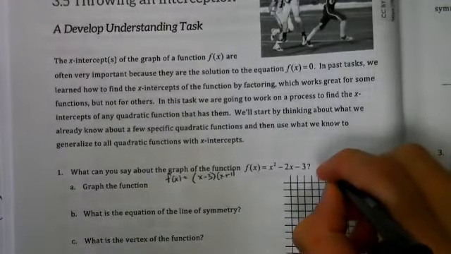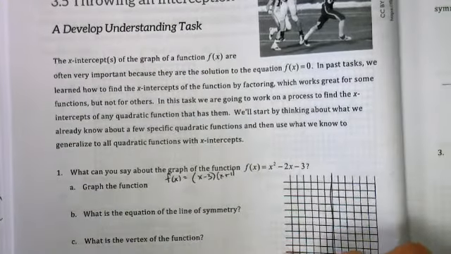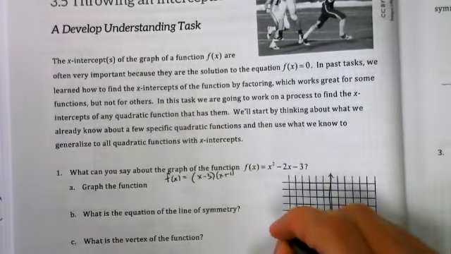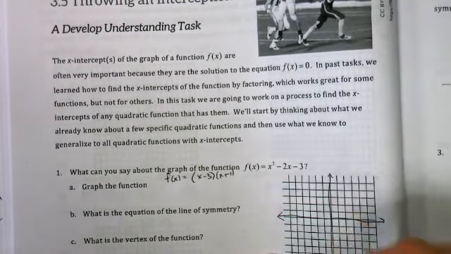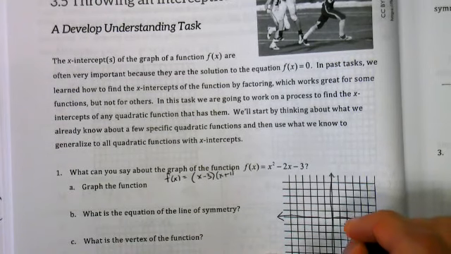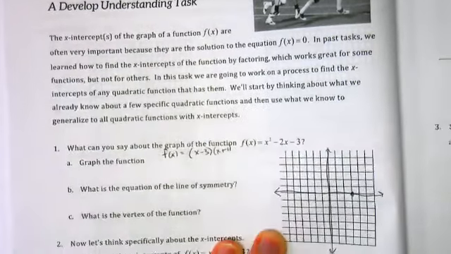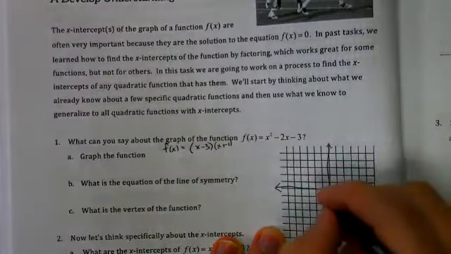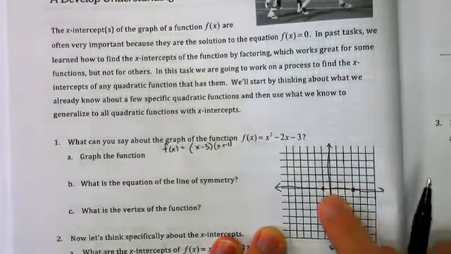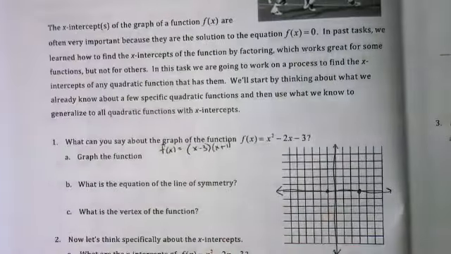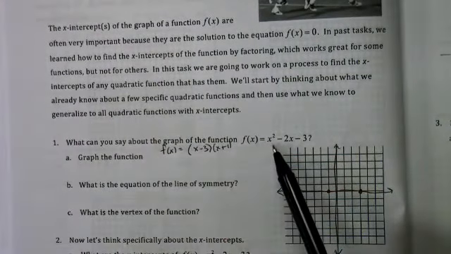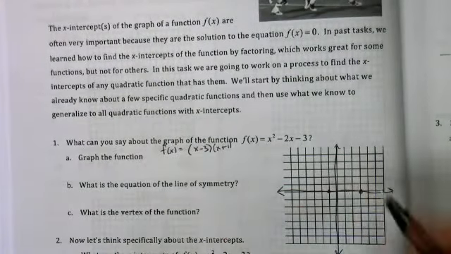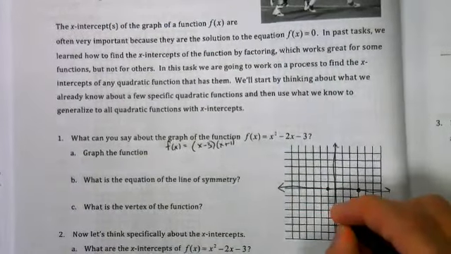So if I draw some axes here, we would have an x-intercept here at positive 3 and an x-intercept here at negative 1. If we plug in 0, our y-intercept is going to be negative 3.